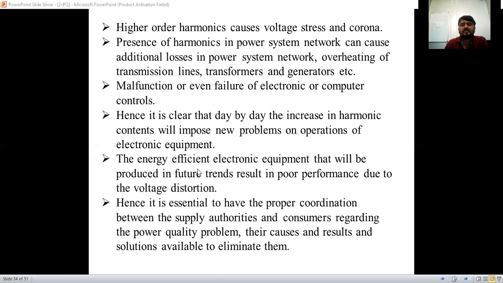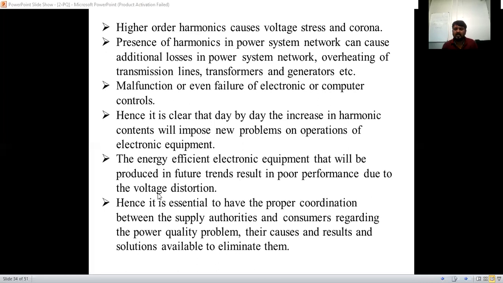Inside all of that, electronics is there. So the energy efficient electronic equipment that will be produced in future trends will result in poor performance due to the voltage distortion.